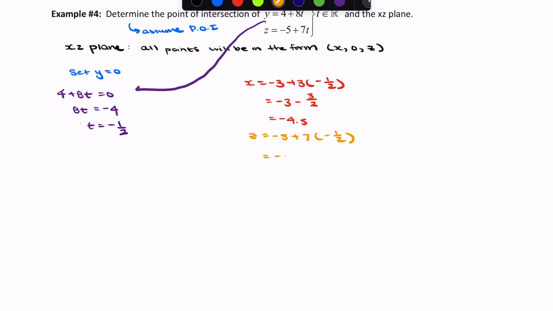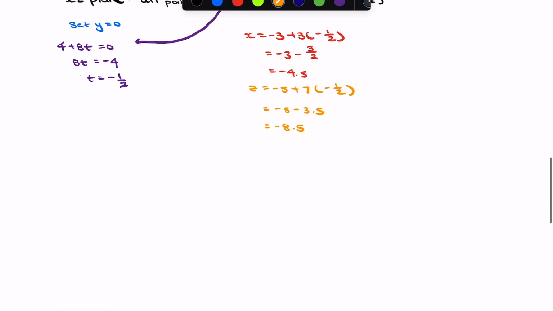That equals -5 minus 3.5, which is equal to -8.5. And so our point of intersection will be (-4.5, 0, -8.5).